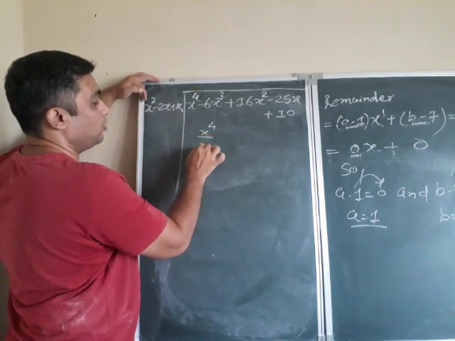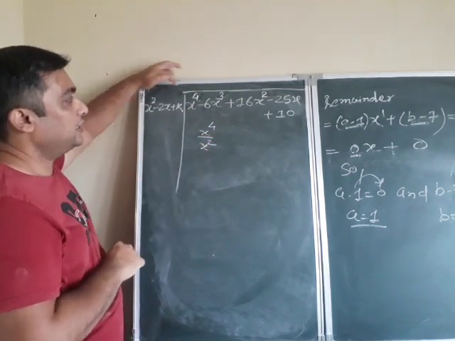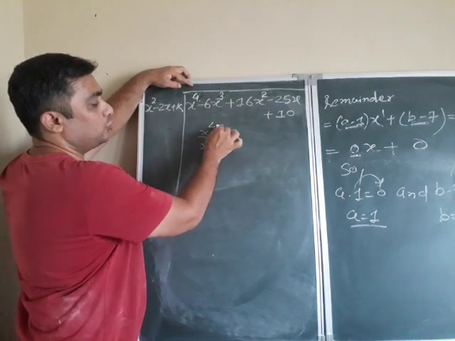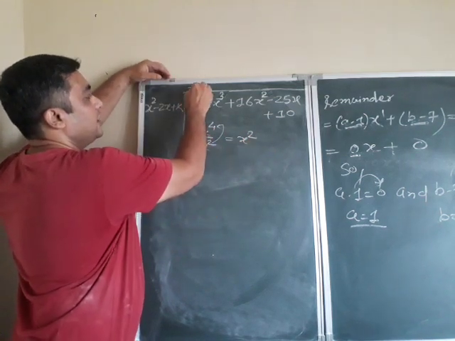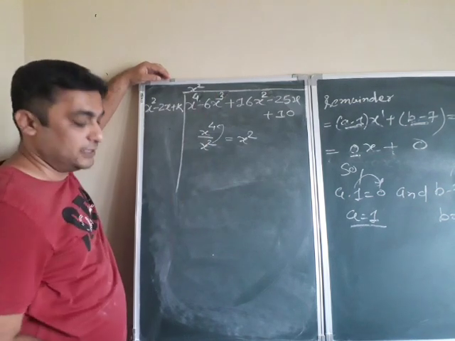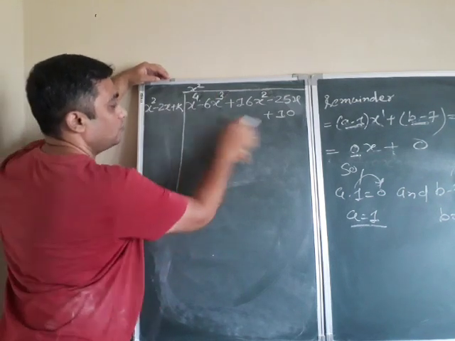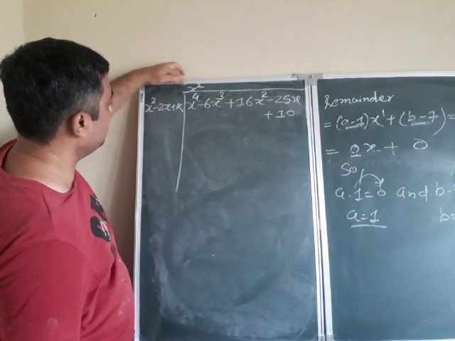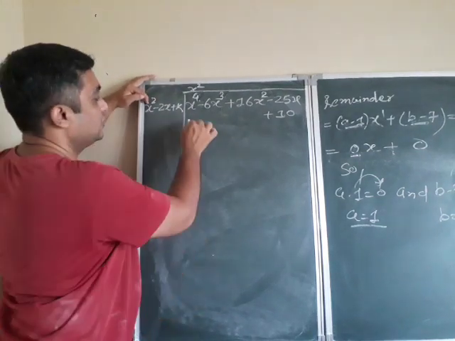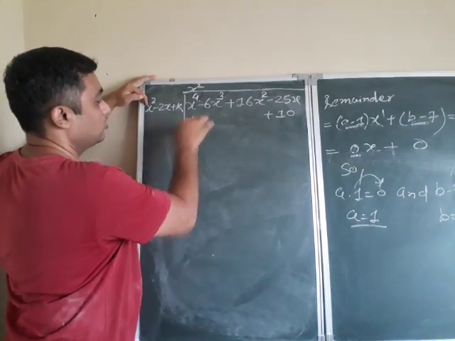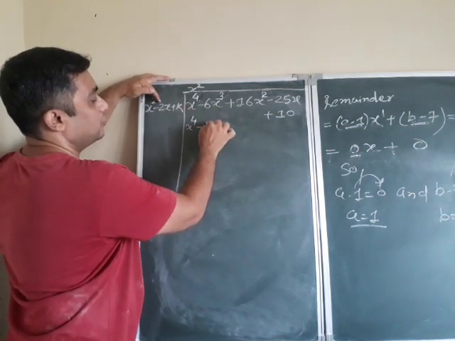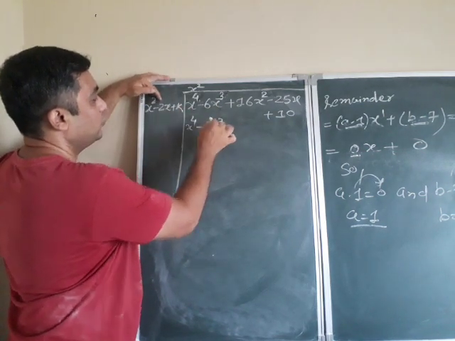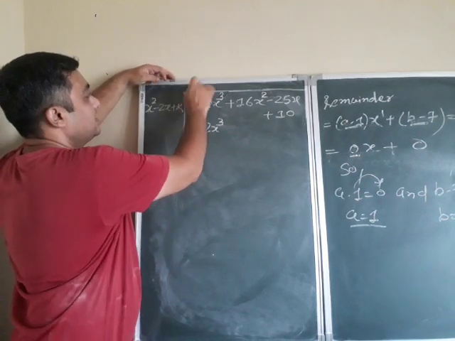See. First of all, this by this. X raised to 4 upon x square. Okay? Here insert the number. So plus 2 is here. So 4 minus 2, so it is x square. So this is x square. चलिए ready? So x square into x square, so this is x raised to 4, minus 2x into x square, so it is minus 2x cube. X square into x, this is x square.